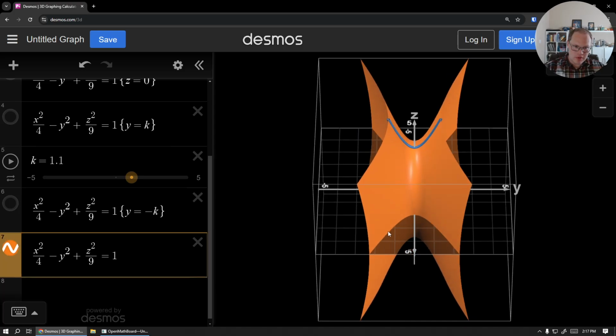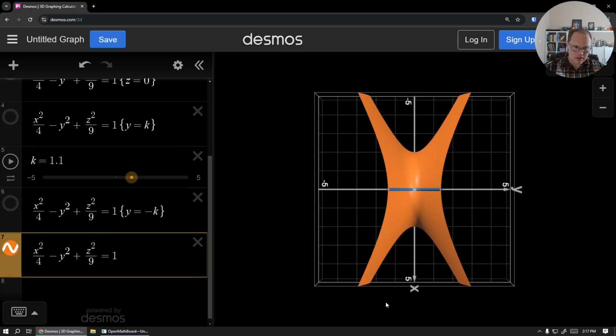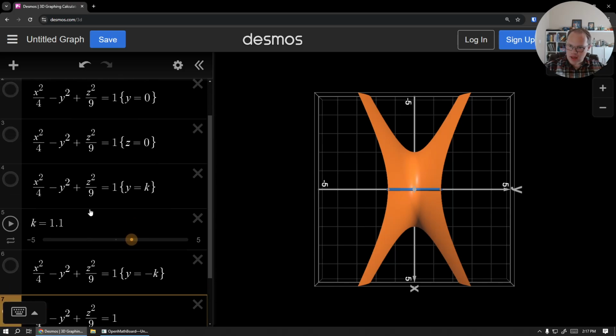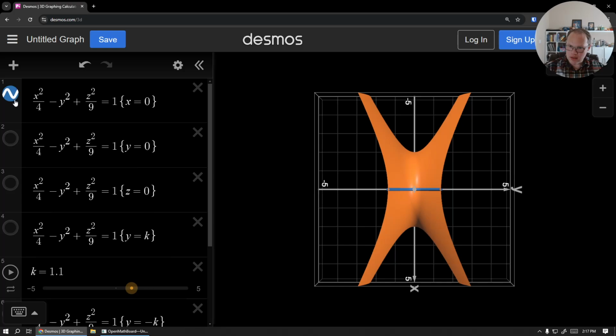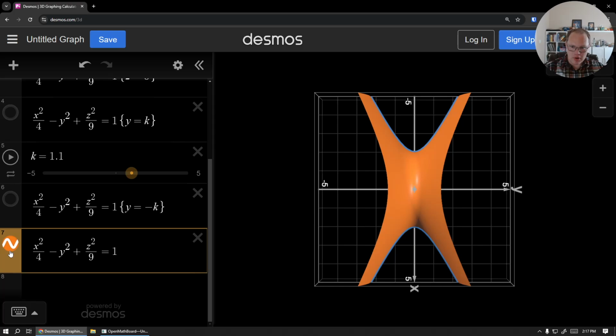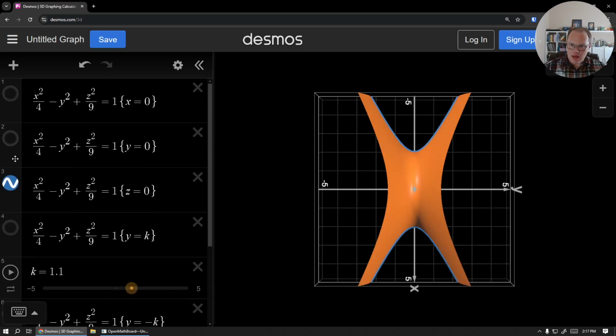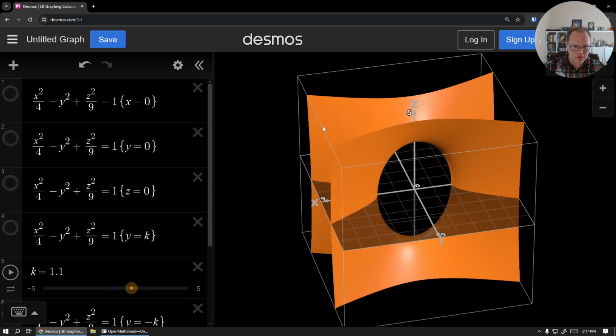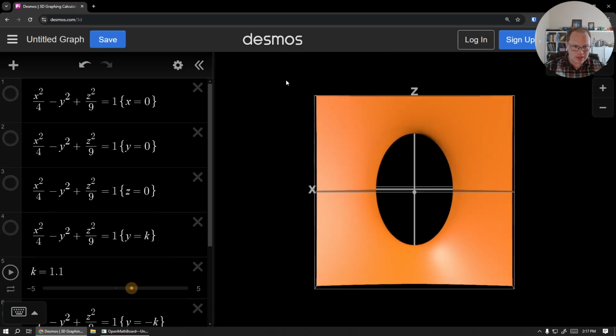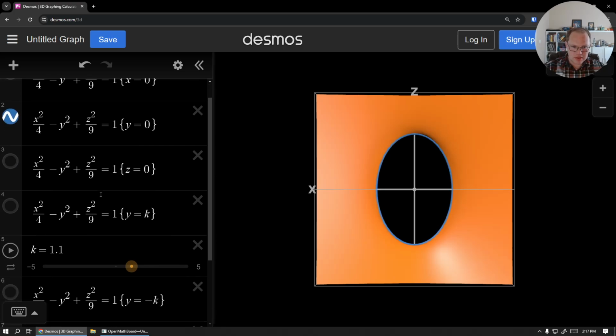hyperbola. If we look this way, so we're looking at the XY plane, we have that other hyperbola. Okay, and if we look this way, so this would be the XZ plane with y equal to 0, we have our ellipse.